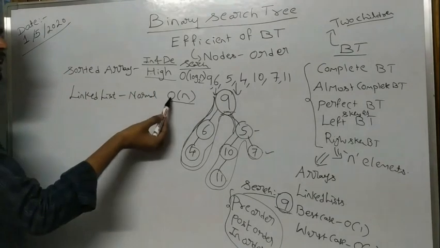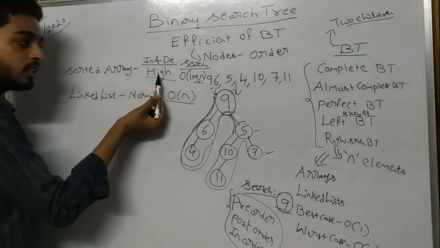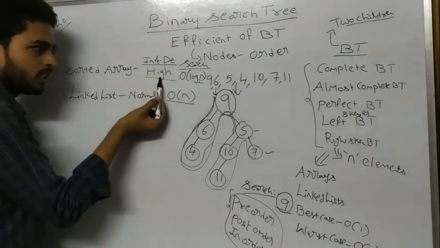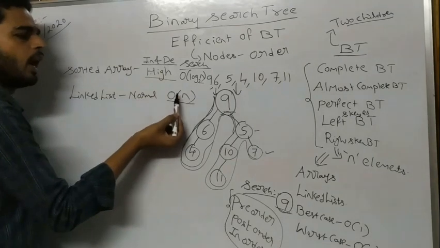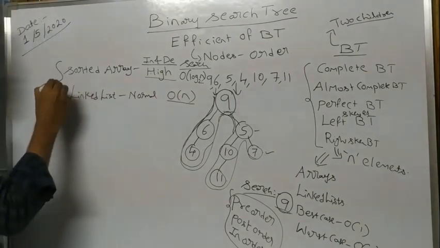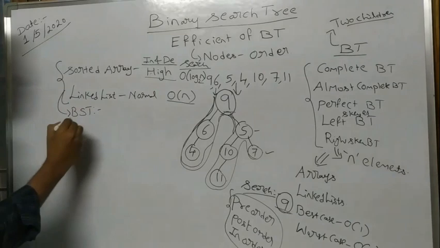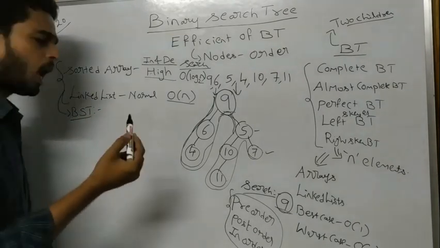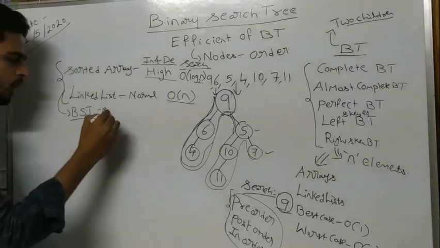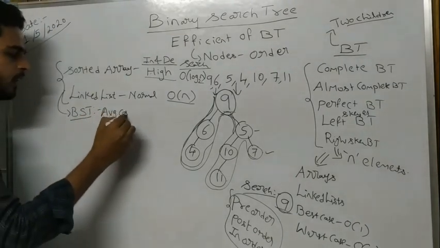I want to get average implementation complexity for both insertion and deletion, and for searching I will go for the concept of binary search tree. So in almost all the cases, I am simply defining it as average case.